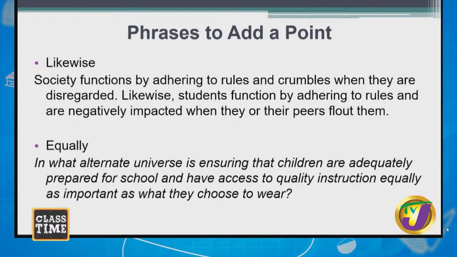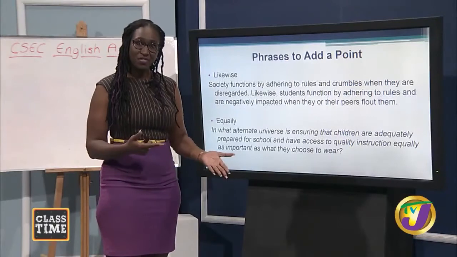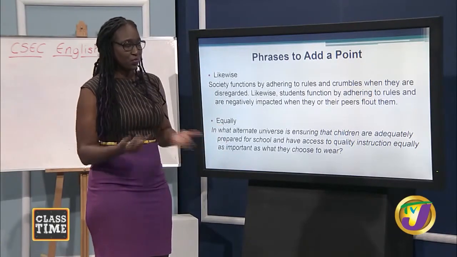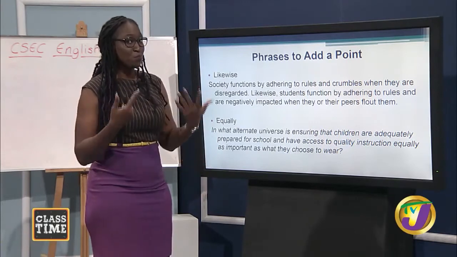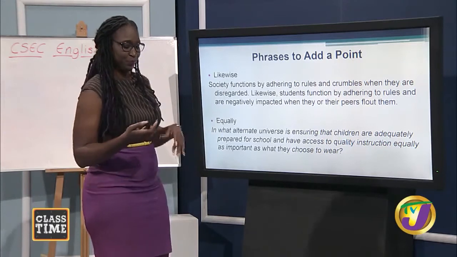Because isn't the more important thing that they are ready for school, they're prepared for school, and they have actual access to the teaching and learning process? So right there, you have added to the point. You're trying to make the point that uniforms are unnecessary, and you're making it by adding a point that there are other things that are more necessary, other things that matter more than whether or not you're wearing a uniform.